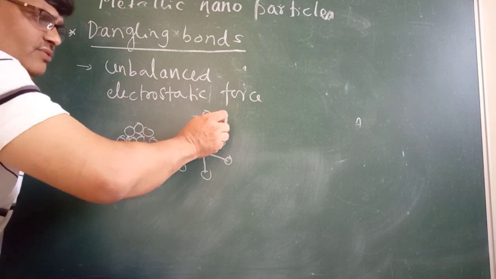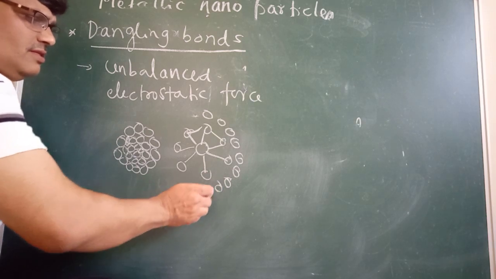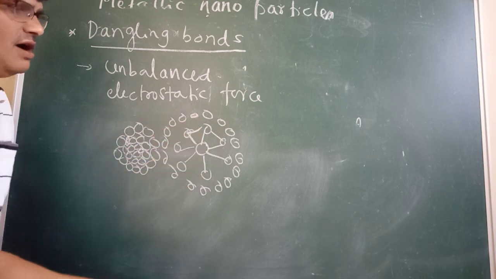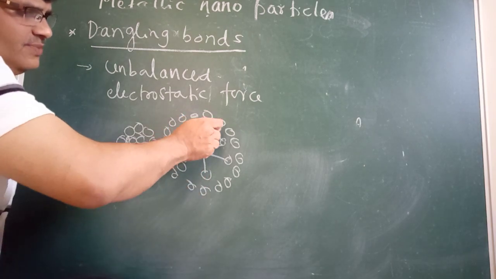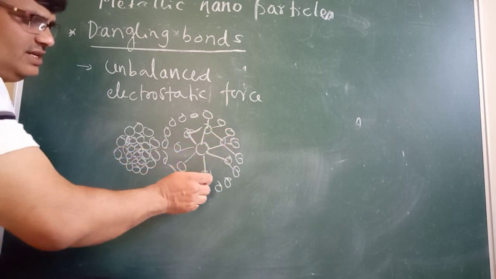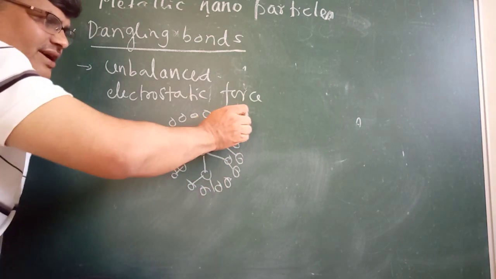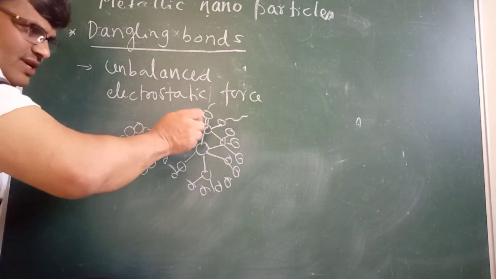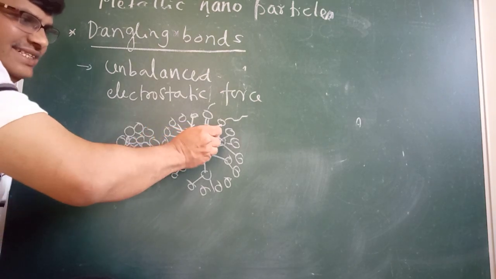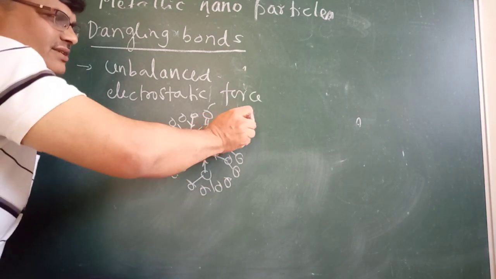But when you go outside, there is no balance, so there is an imbalance. Inside the pull is inward, but what happens outside?